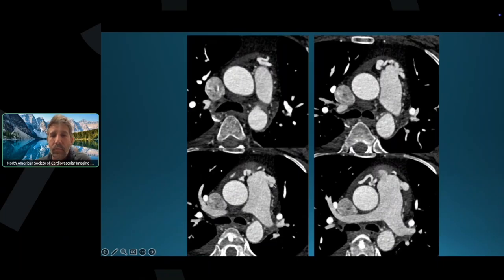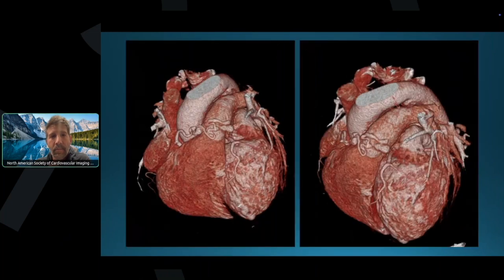So this is communicating here with the PA. Here's a nice render image where you can see all these vessels adjacent to the pulmonary artery, and you can see how one of them is communicating from the RCA and also reaching the region of the LAD as well. So what's going on here?